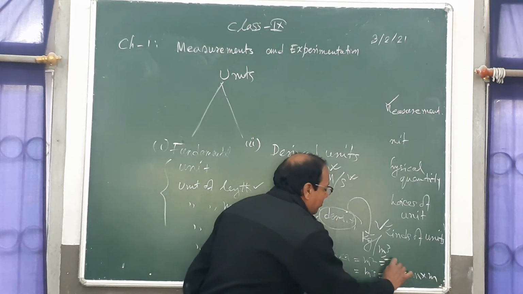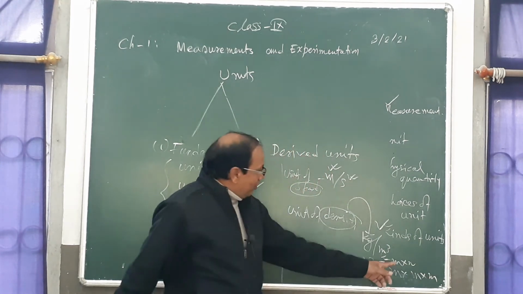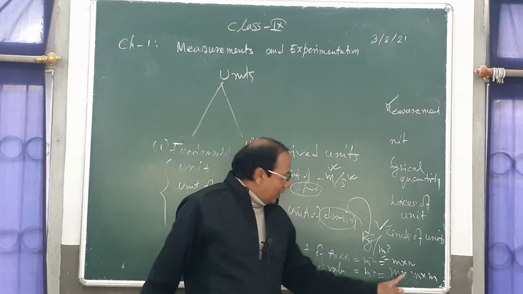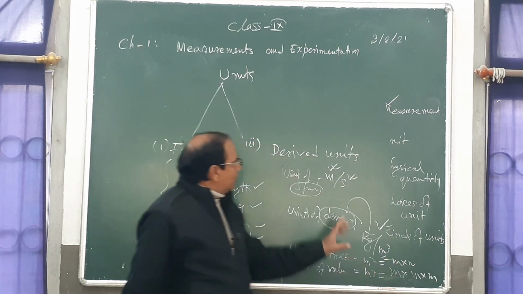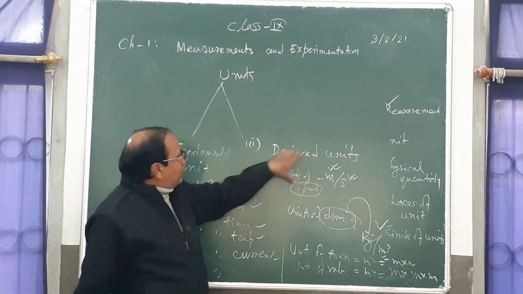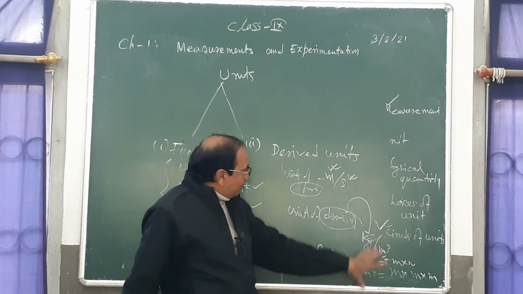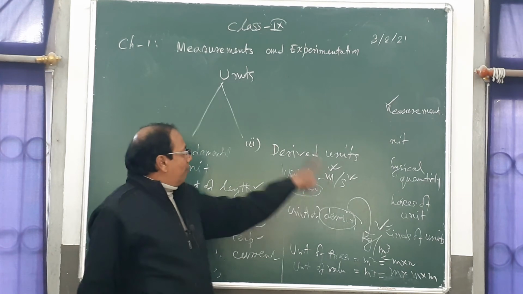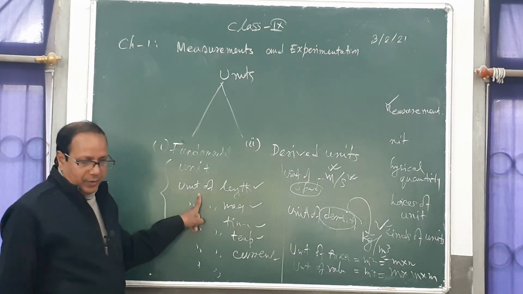See, meter is used two times in meter square, and three times in meter cube. So that's why these are also derived units. These units depend on other fundamental units, right?